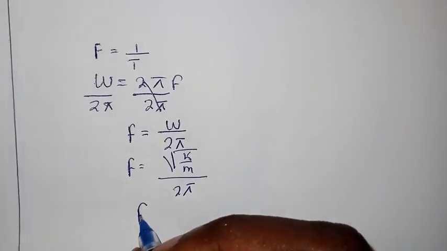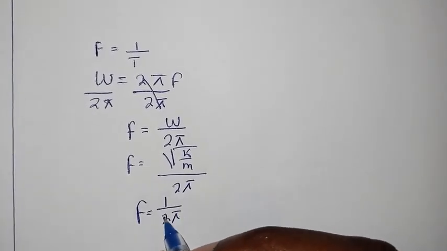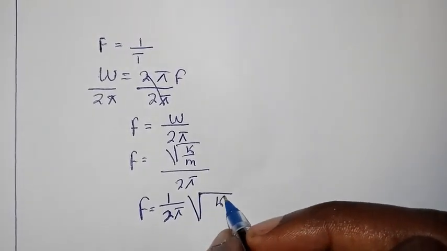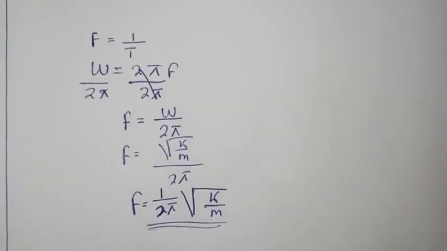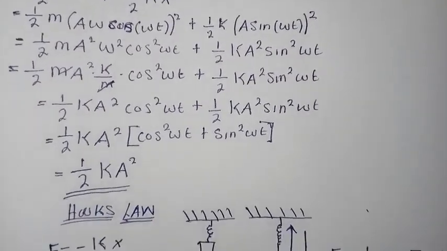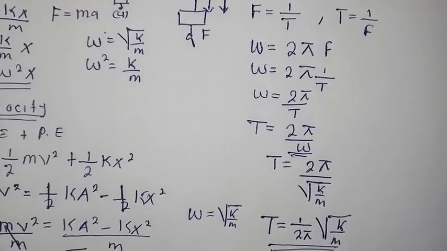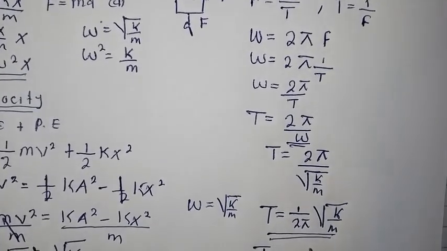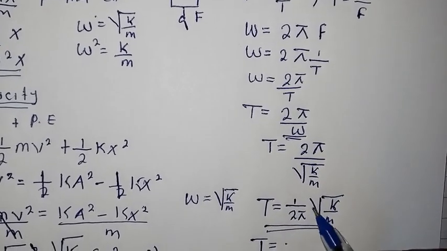And of course, okay, so I've seen why I made the mistake. So this is just the same as k over m. Okay, let's just leave it here.